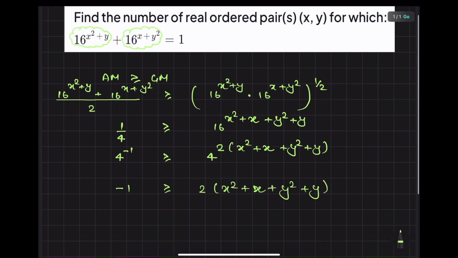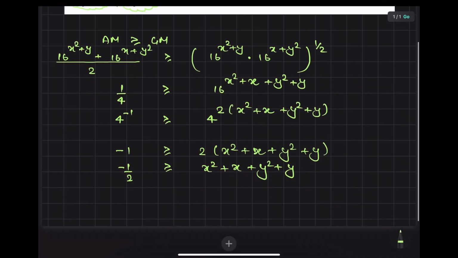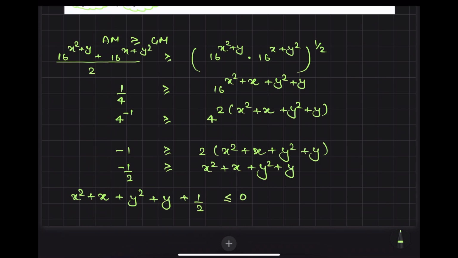Now can I divide both sides by 2? So we will have minus 1 by 2 greater than or equal to x square plus x plus y square plus y. Now we will send everything to one side, so we will have x square plus x plus y square plus y plus 1 by 2 smaller than or equal to 0.